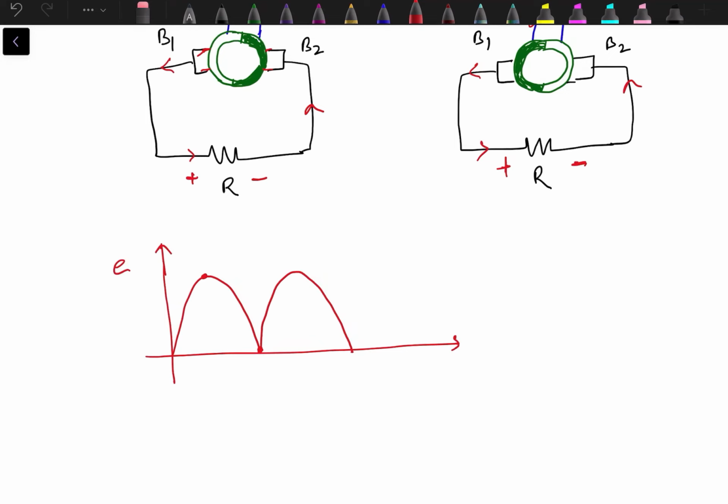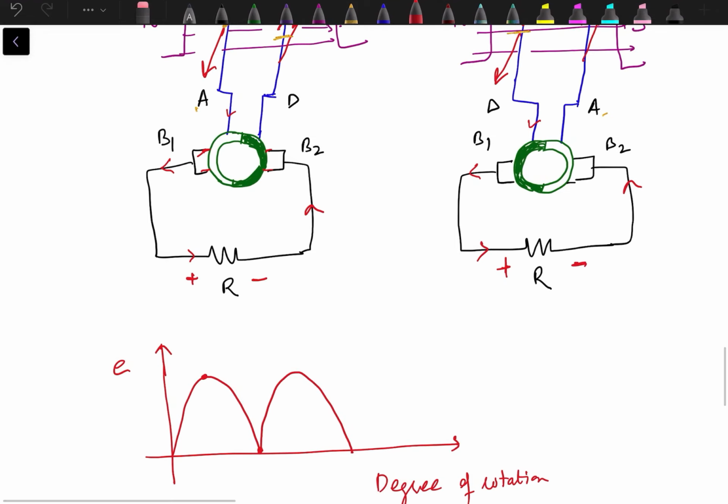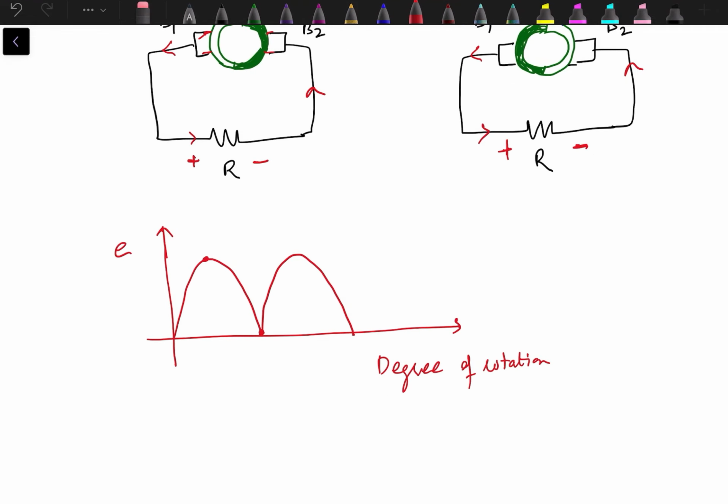So we can say induced EMF over here, and here degree of rotation on the x-axis. So what we see inside the conductors is alternating, but because of the presence of the commutator segments, we are getting unidirectional output. Now this one is unidirectional, but still it's pulsating.